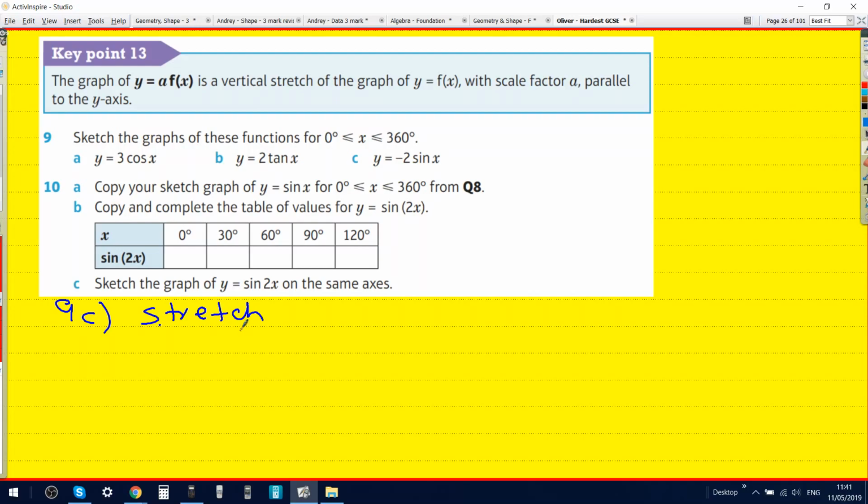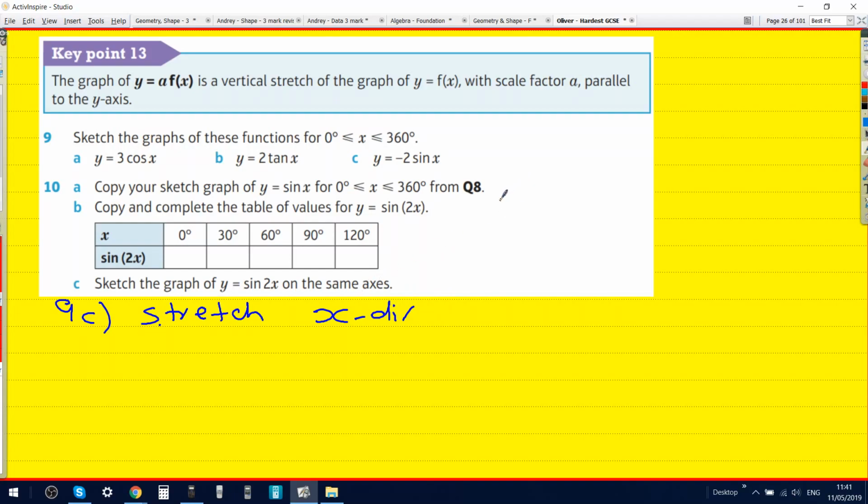What would that be called? Stretch and compression? Still just a stretch. So what would be the scale factor? -2. Which question are you looking at? Are you looking at 10C? Yeah, 10C. Okay. So yeah, stretch in the x direction.